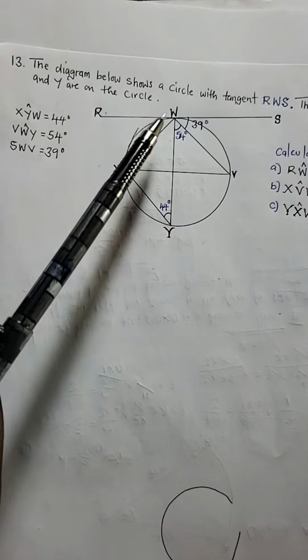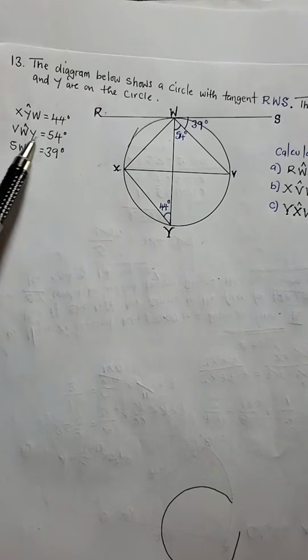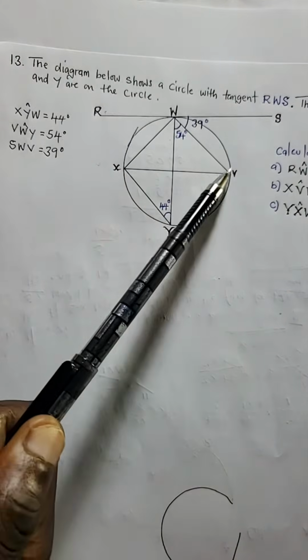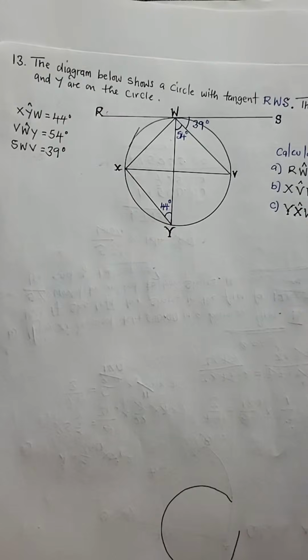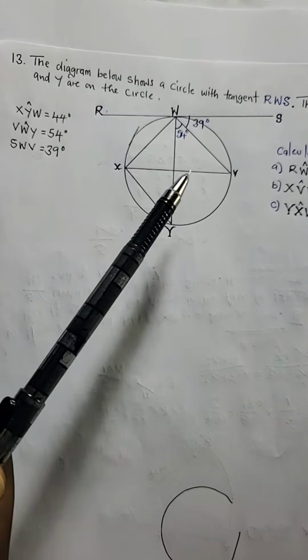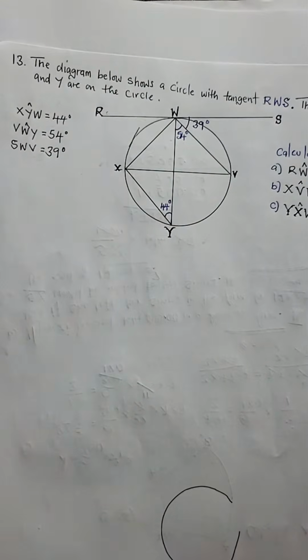We can see here XYW is 44. VWY here is 45. Nice. What else? We are given SWV here as 39 degrees. Okay, simple.